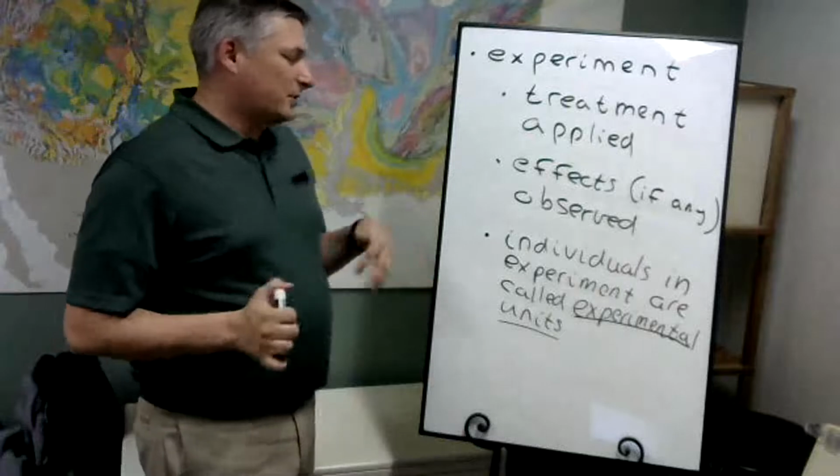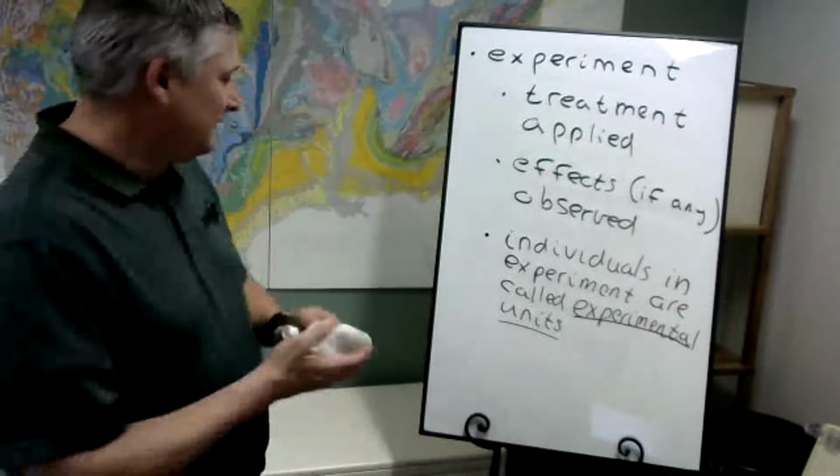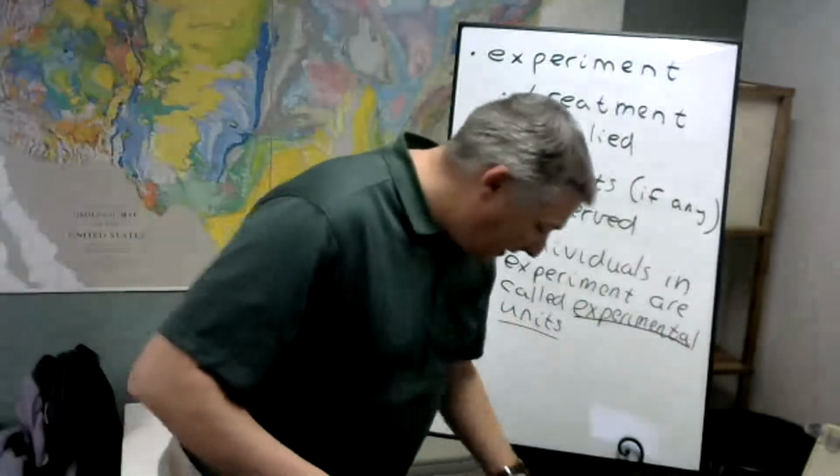So individuals in an experiment are called experimental units. Now we do make a caveat.